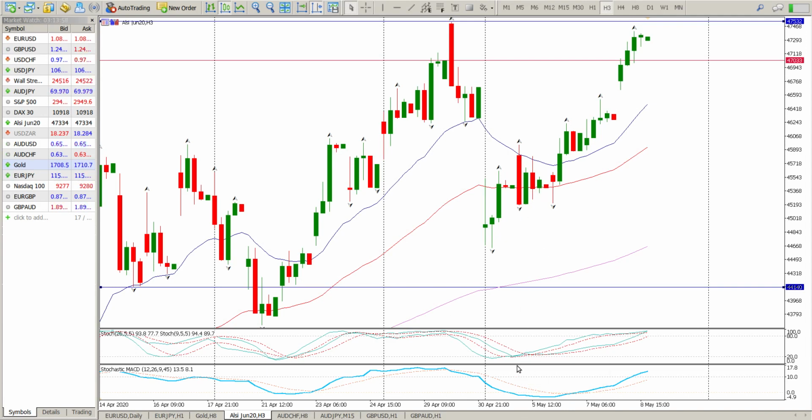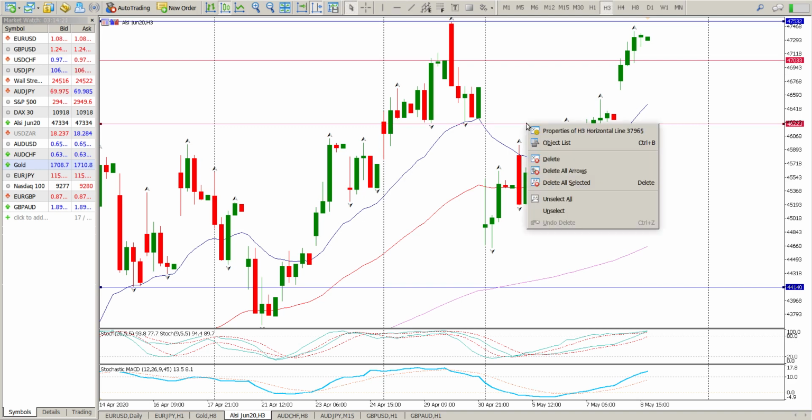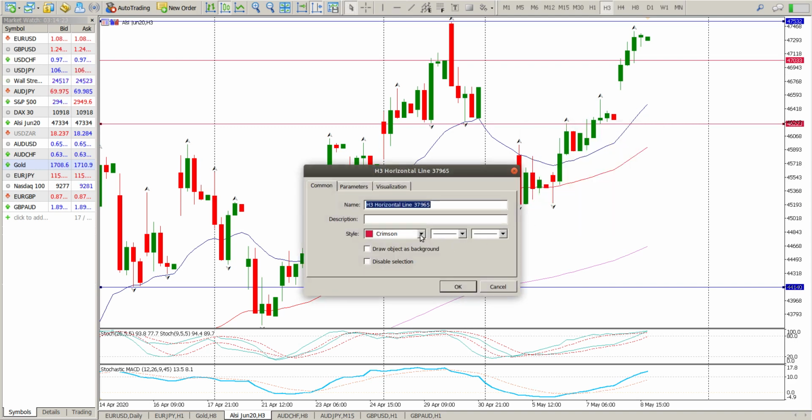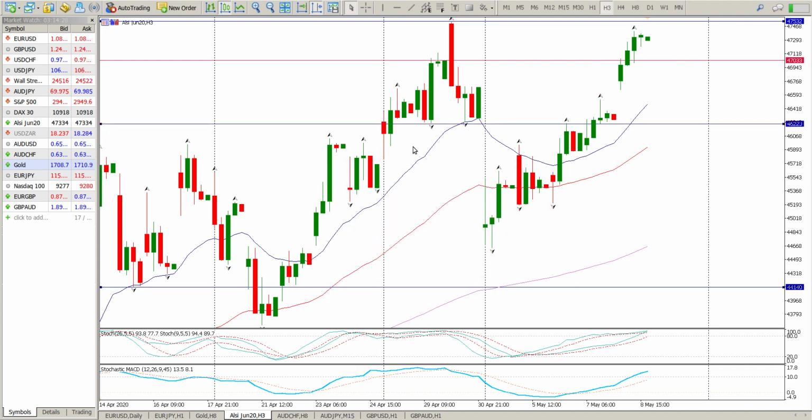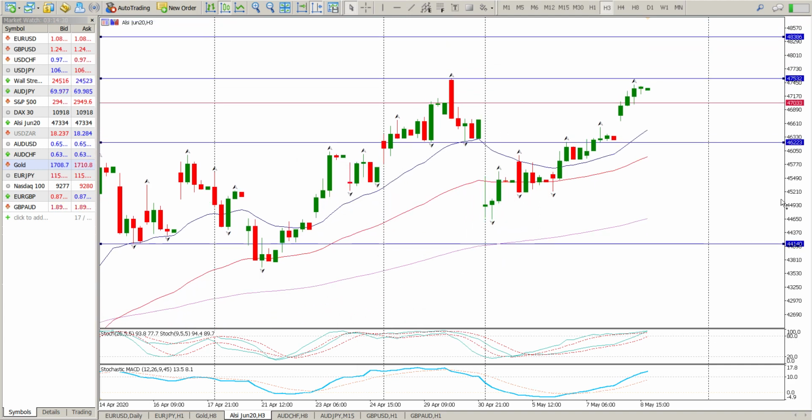With the moving averages pointing in an upward trend, we got off to a slow start, a bit of up and down, and then eventually pushed higher going into the close for the week. So there are some micro levels here that we need to pay attention to as well. And there's one here. Just get that back to blue. Okay, so there is a micro level here we need to pay attention to as well.